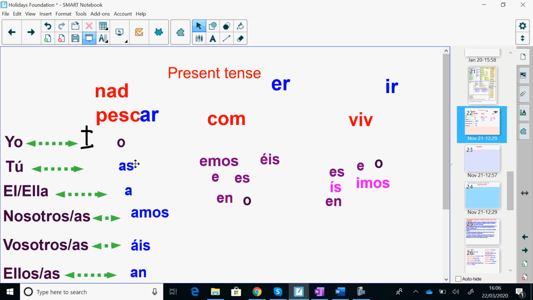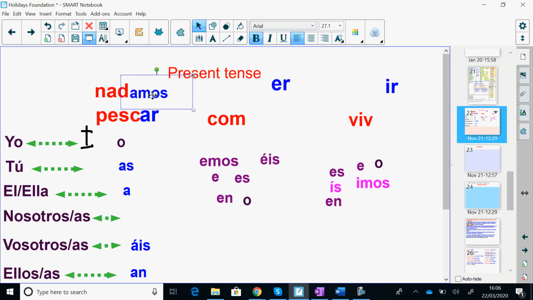For he or she, él o ella, nada. So for example, if I say my sister swims, it would be mi hermana nada. If I want to say we, my family and I, mi familia y yo, we're going to use nadamos. And you plural, nadáis, and ellos, they swim, nadan.